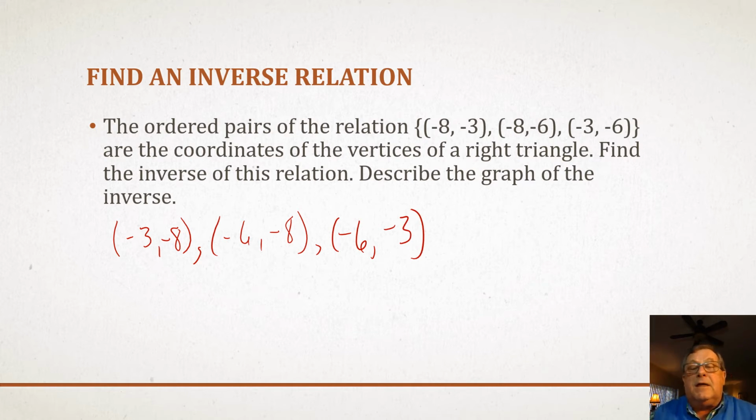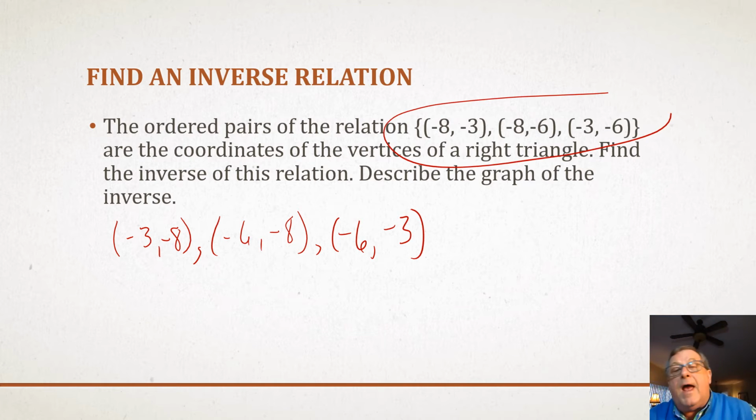And that would represent the inverse of that relation. We just swapped x's and y's. Now we're going to jump over and graph this, and then we'll graph the inverse, and then we'll make some kind of description of the inverse.